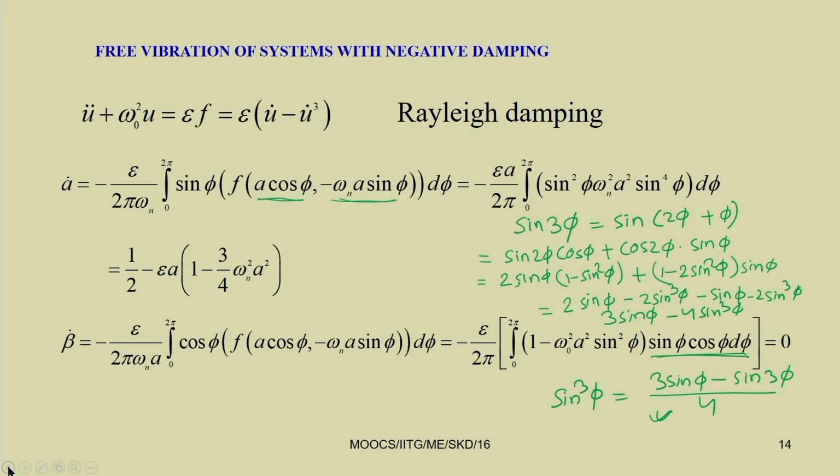So, you can solve a nonlinear equation with cubic nonlinearity and Rayleigh damping and find the solution by using this averaging method, the Krylov-Bogoliubov method.